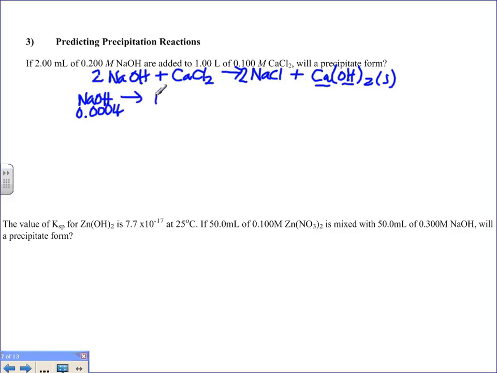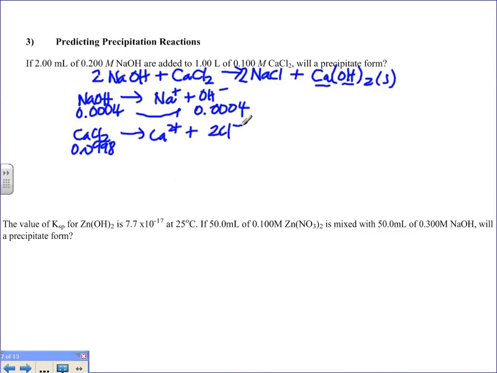And sodium hydroxide dissociates in a 1-to-1 ratio, so we know the concentration of the hydroxide is 0.0004 in this reaction. For the calcium chloride, we've got a dilution of 0.0998, and this breaks up into calcium ions and chloride ions. So the concentration of the calcium here in a 1-to-1 ratio is still 0.0998.